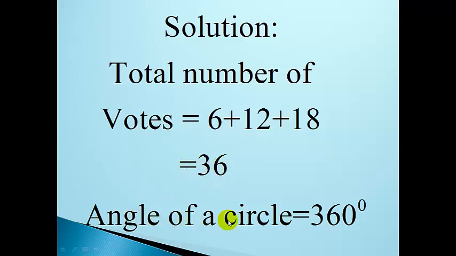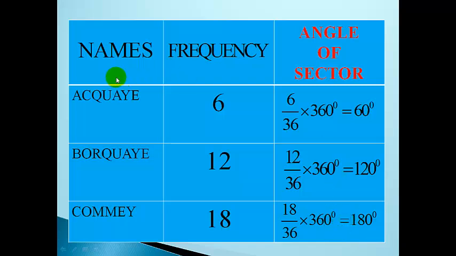Take note that the angle of a circle is equal to 360 degrees because one complete revolution is equivalent to 360 degrees. Now, we construct another table. We have the names, we have the frequency, and we have the angle of a sector, because we have to calculate the angle of the sector.